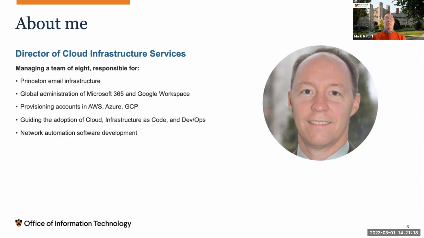And we also do software development for network automation. And we guide the adoption of cloud services, infrastructure as code, methodologies, and Agile and DevOps within the OIT organization. Members of my team also work closely with our research computing group and other departments on campus on their use of cloud services. Next slide.